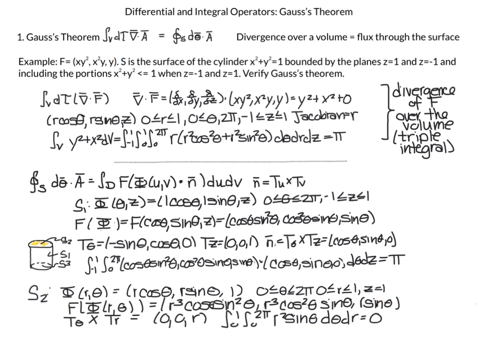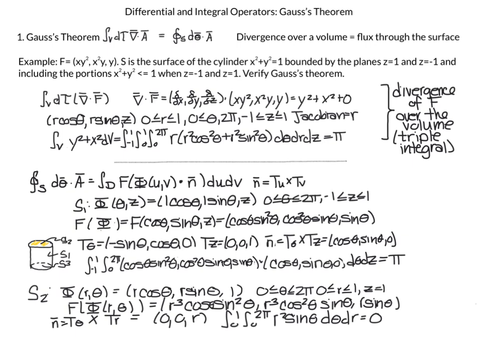And then finally, I calculate my normal, which is equal to the partial derivative of the parameterization with respect to theta crossed with the partial derivative with respect to r, and I'll let you calculate that out and confirm that it's equal to 0, 0, r. So finally, I'm ready to set up my integral. It's my double integral because it's a surface.